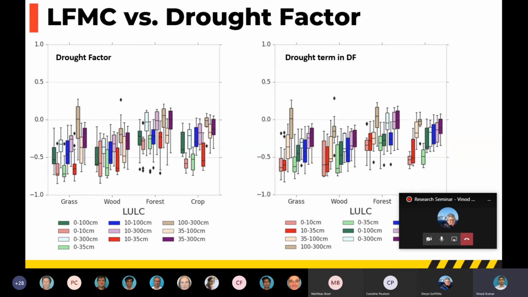So basically, how much fuel is available to burn on a particular day, and it's defined as a function of soil moisture deficit and rainfall for the past 20 days. The soil moisture deficit is a measure of long-term drying, and rainfall is considered a measure of short-term drying in the drought factor.